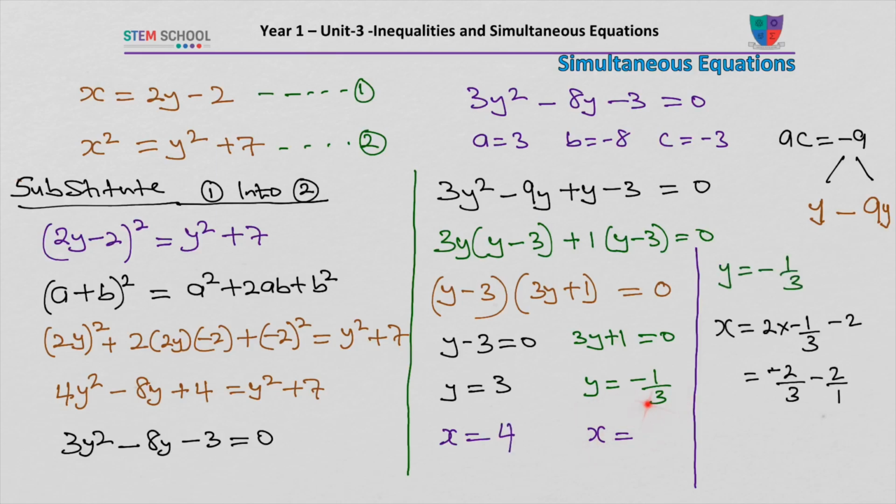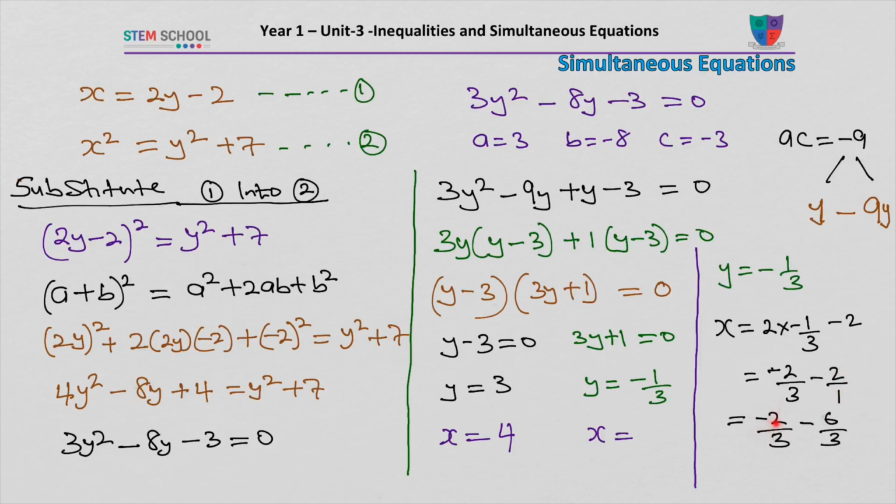Now to find x when y is minus 1/3, I use that one. So x equals 2 times minus 1/3, and therefore it's 2 times minus 1, that's minus 2 over 3, minus 2 over 1. Now I need to make this 3 so that they have a common denominator. So I'm going to multiply this by 3 and the numerator by 3.